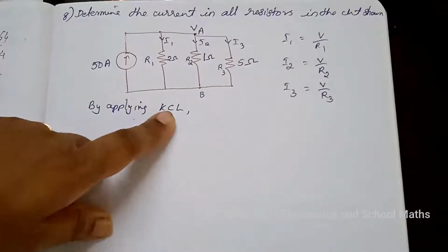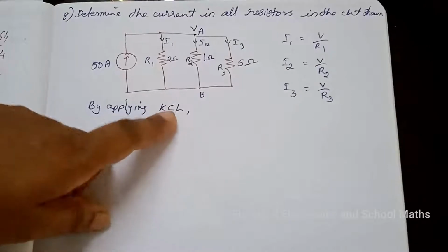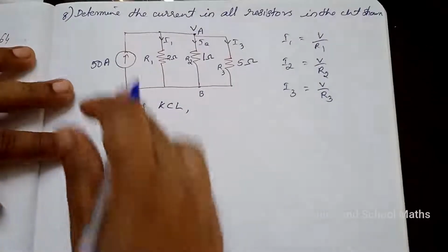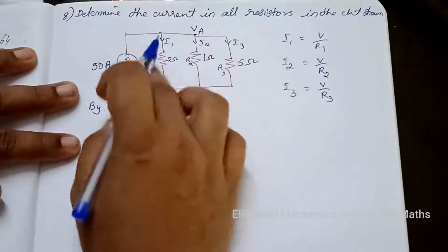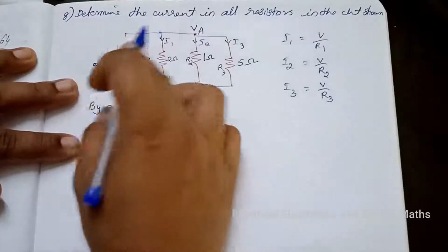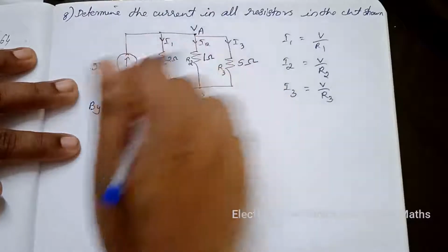Now applying Kirchhoff's current law or KCL, the total current is 50 ampere. It splits into 3 currents.